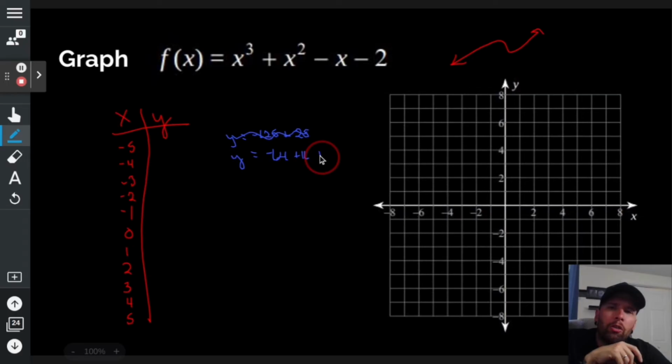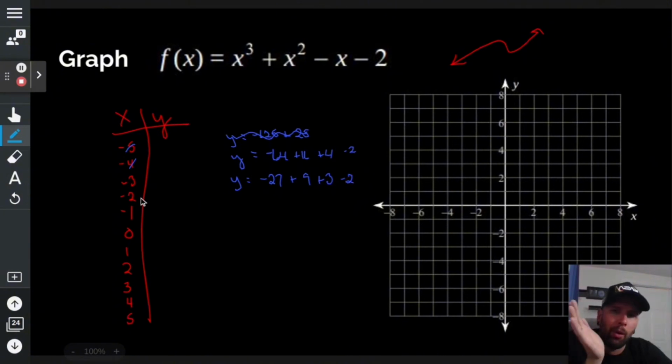Minus negative 4 is plus 4. Minus 2, again, too big. No. If I plug in negative 3, I get negative 27 plus 9. Minus negative 3 is going to be plus 3. And then minus 2. So that's going to be negative 17, I think. Either way, too big.